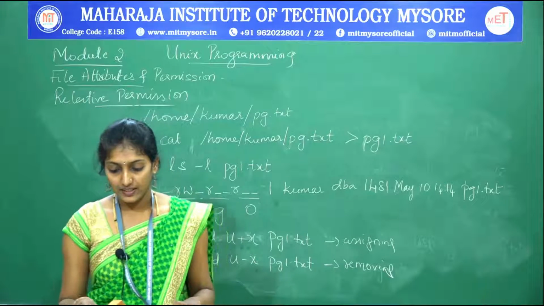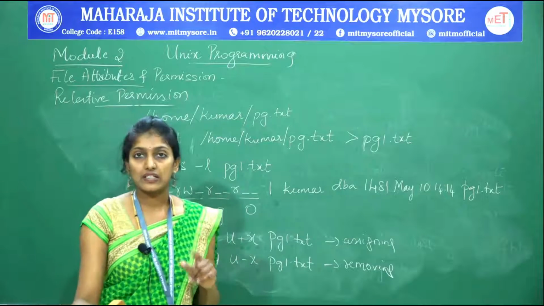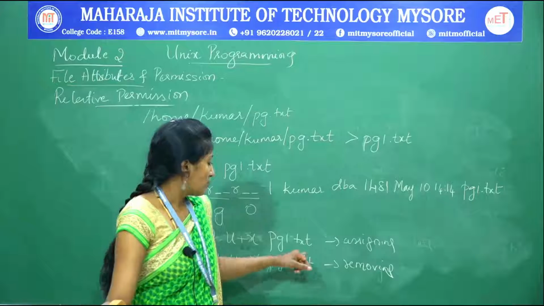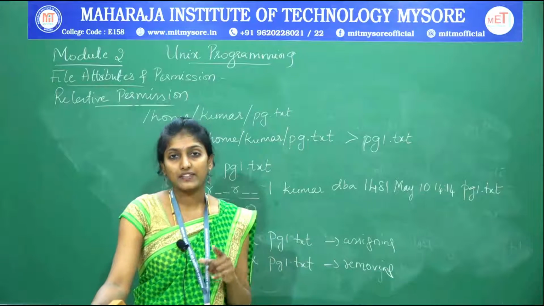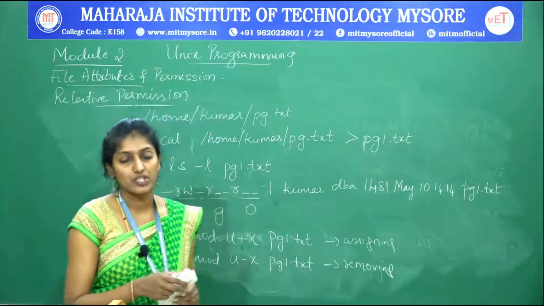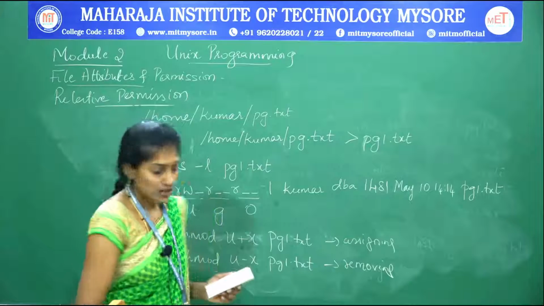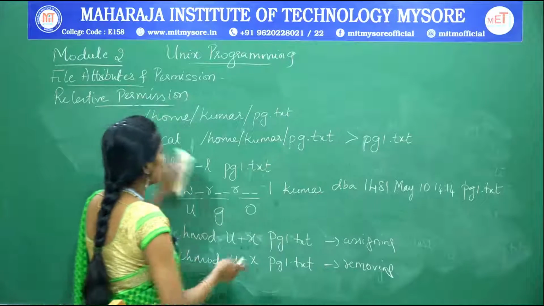What if the user wants to access multiple file names using chmod, and assign the file permission to them? That is also possible. Assume that I have three files under this.